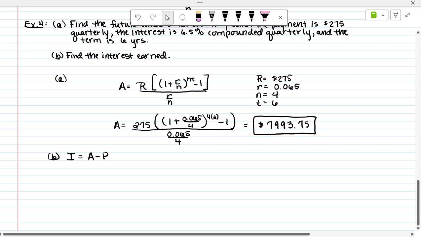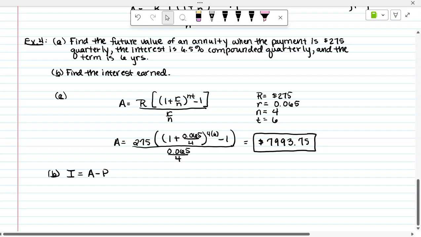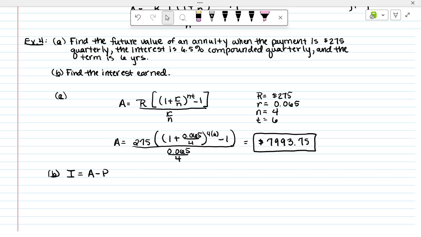P's not 275, guys. You paid in more than $275. It says the payment is $275 quarterly, so you're putting $275 in there 4 times a year for how many years? 6 years.